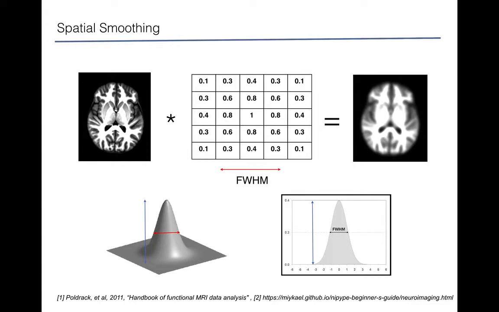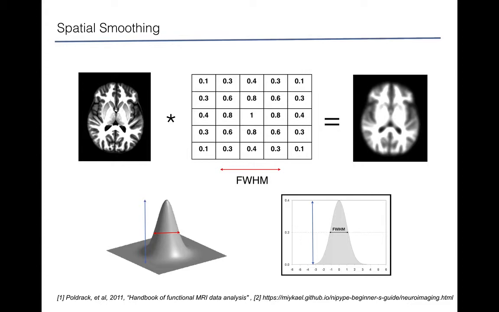So there's a trade-off in how much you want to spatially smooth your data. Before talking about how much you want to smooth, let me explain what FWHM is. It's very common to use a Gaussian kernel for smoothing, and it is defined by something called the full width at half maximum, which means the width of the curve in millimeters at half of its maximum value.